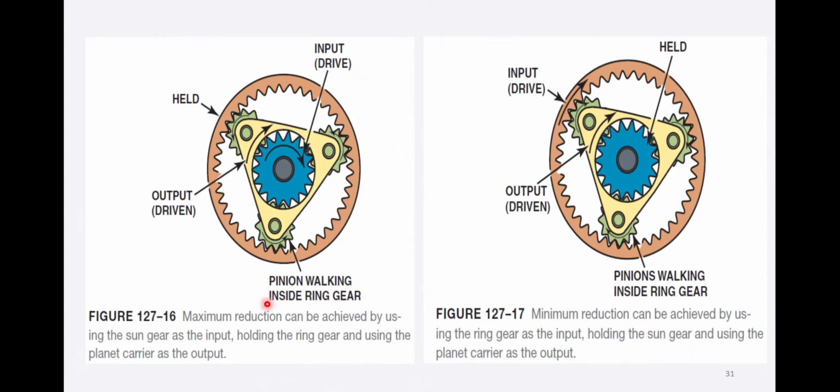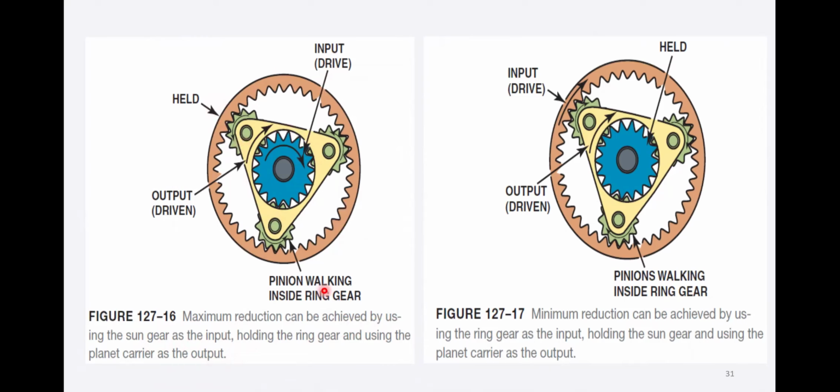A maximum reduction can be achieved by using the sun gear as the input, holding the ring gear, and using the planet carrier as the output. So maximum reduction can be achieved here. We are giving input to the sun, we are holding this ring gear, and taking the output from this planet carrier.